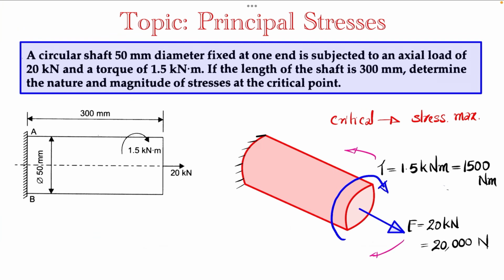Due to this force, if you divide these sections into different elements, then the effect of this load will be uniformly distributed at all these points. So all elements or points with respect to this load will be critical.